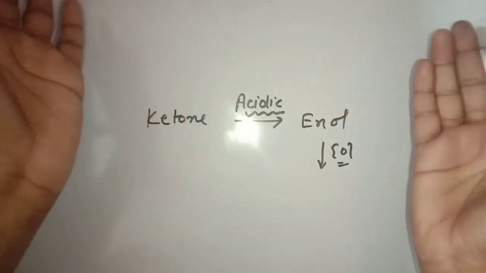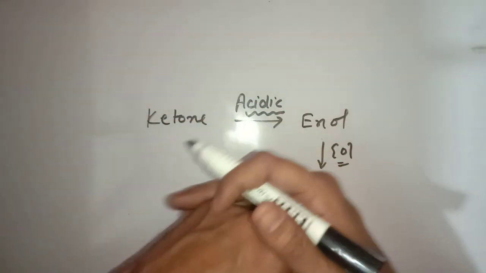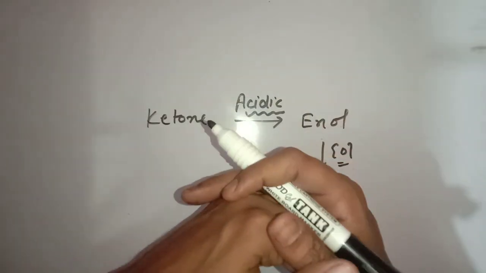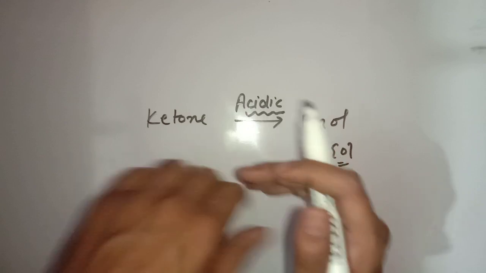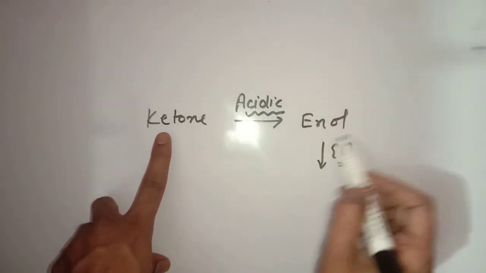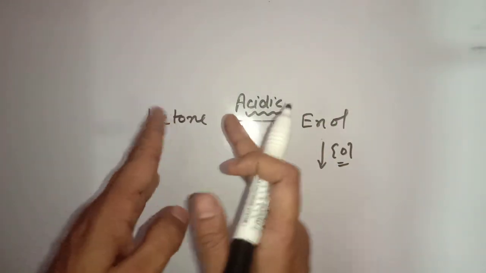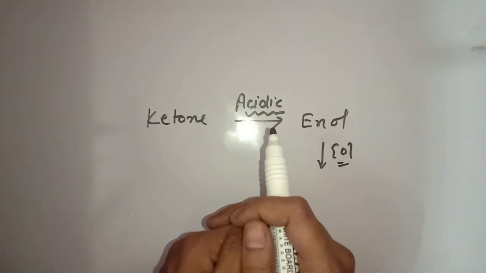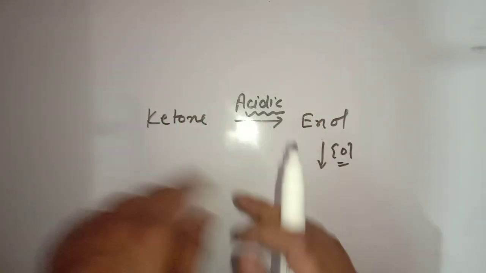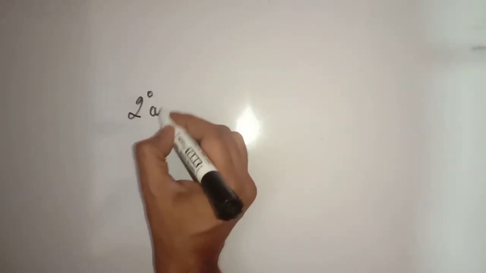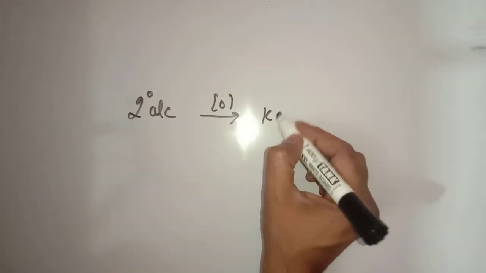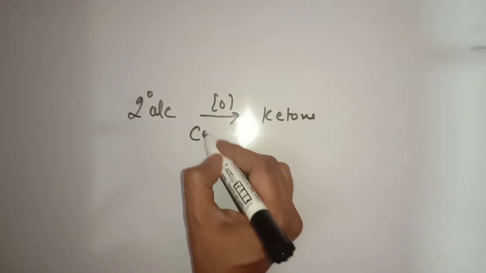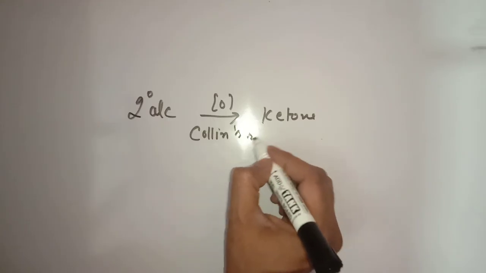We are using that solvent which is dichloromethane, not acidic, and the rest of the reagents are not acidic in nature. So that's why ketone cannot be converted to enol. So if ketone is not converting itself to enol, how can it further oxidize? That's why 2 degree alcohols will stop their oxidation up to ketonic stage in the presence of Collin's reagent.